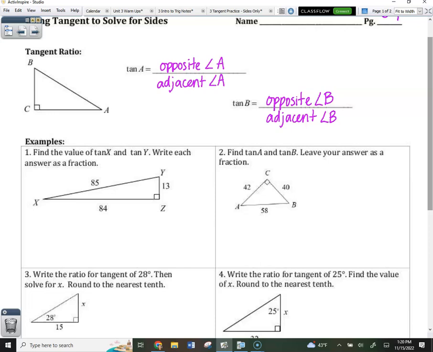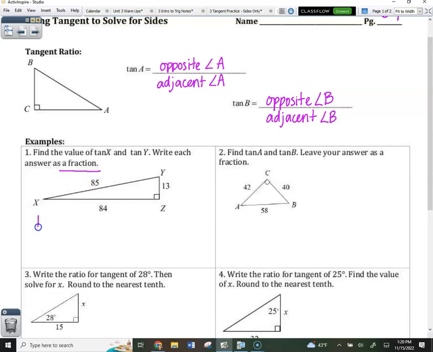Now, numbers 1 and 2, you will notice there is no x because you're not solving anything, right? Notice that it doesn't ask for you to solve for x. It says find the value of tan angle x and tan angle y, and write your answer as a fraction.